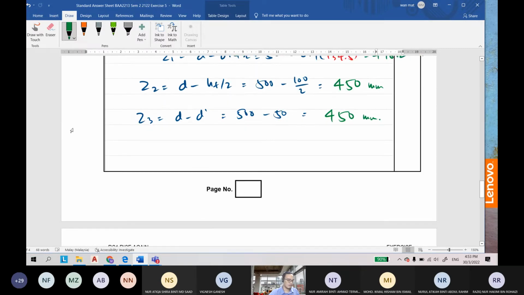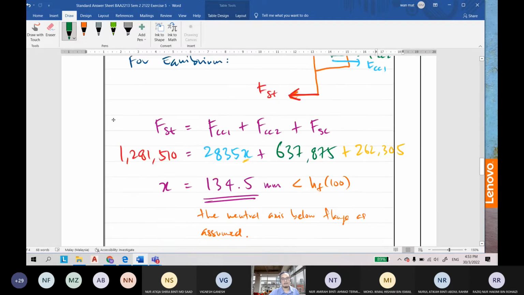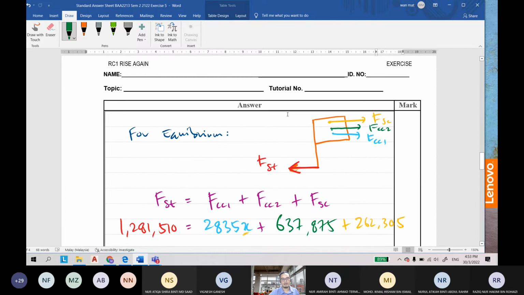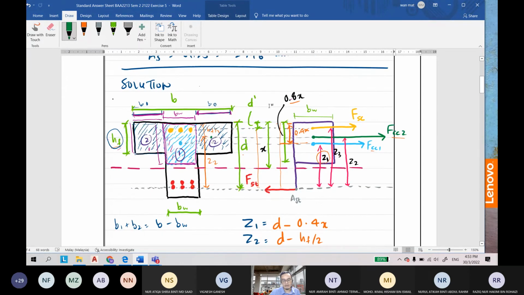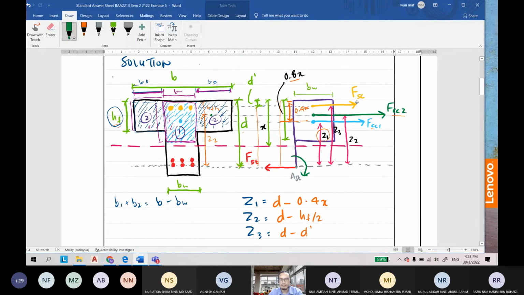So for the moment of resistance about this point, I hope you can remember this figure.